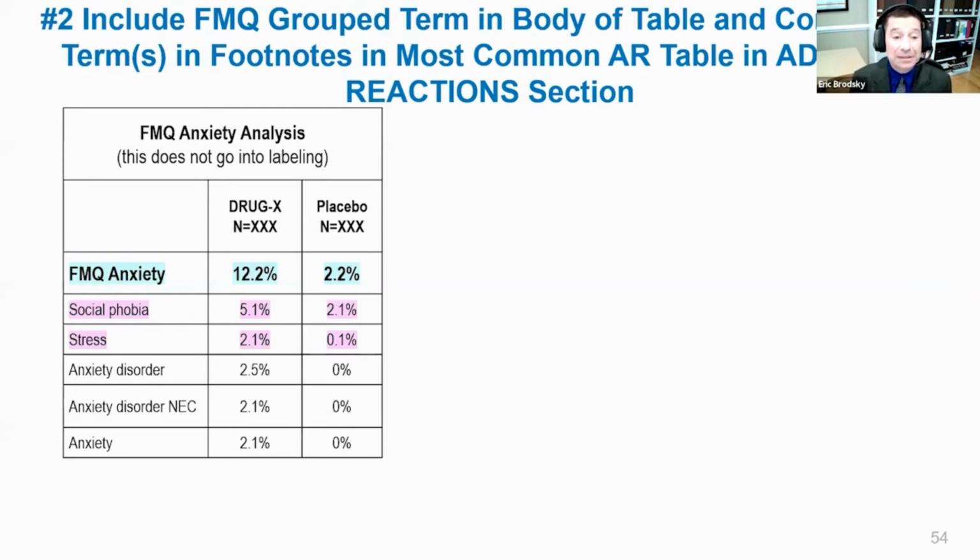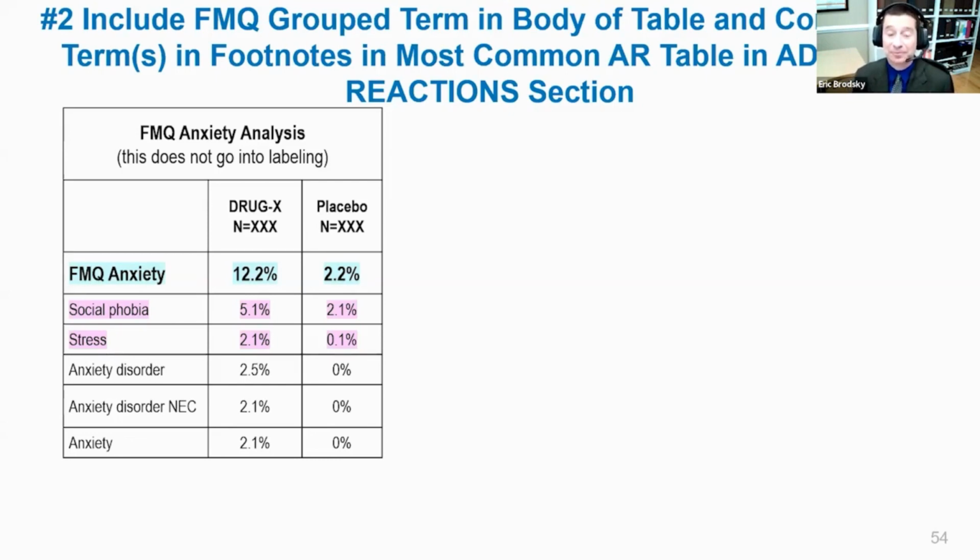So this example here, again, on the left side, this is not in the labeling, this is one's analysis. The green represents the group term, and the terms below are the component terms. And so you see a differential between the drug-treated patients and placebo-treated patients in the group term overall, as well as 2 terms, social phobia and stress, that will meet the criteria for inclusion in the adverse reaction table.